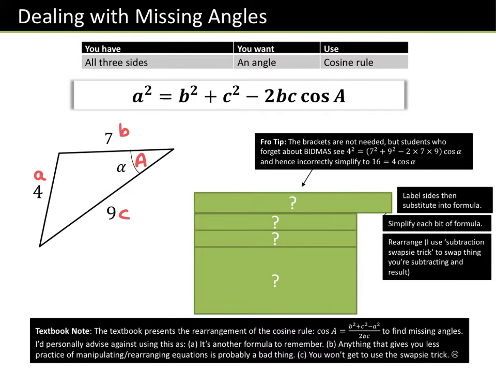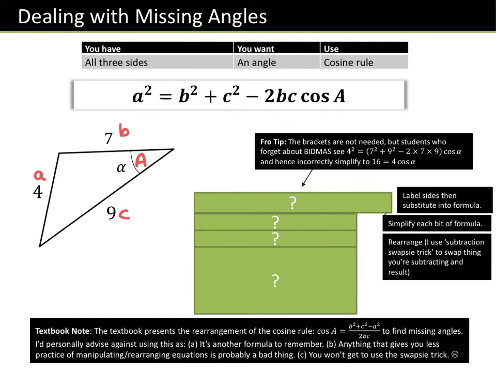Now, I think in the formula book they give you this formula, but we have to rearrange this formula to find the angle. So, what we're going to do is we're going to rearrange this, okay? And I'm going to teach you how to rearrange this in a moment.